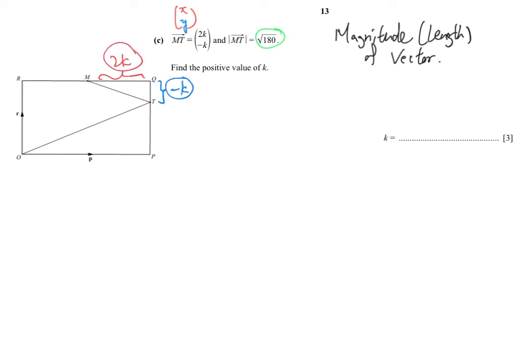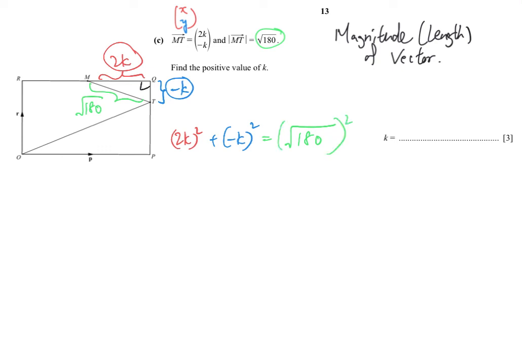And for the diagonal, this MT is the square root of 180. So you can just use the Pythagoras theorem to finish this. According to the Pythagoras theorem, (2k) squared plus (negative k) squared will be equal to (the square root of 180) squared.